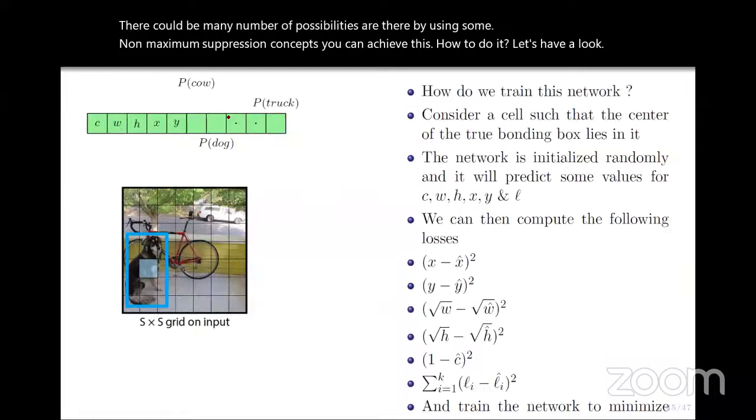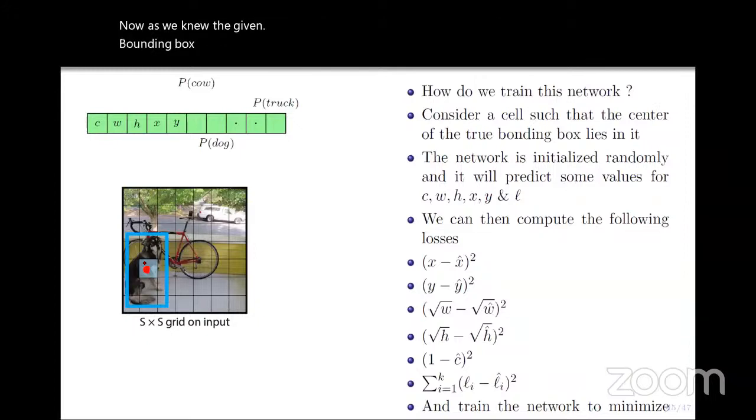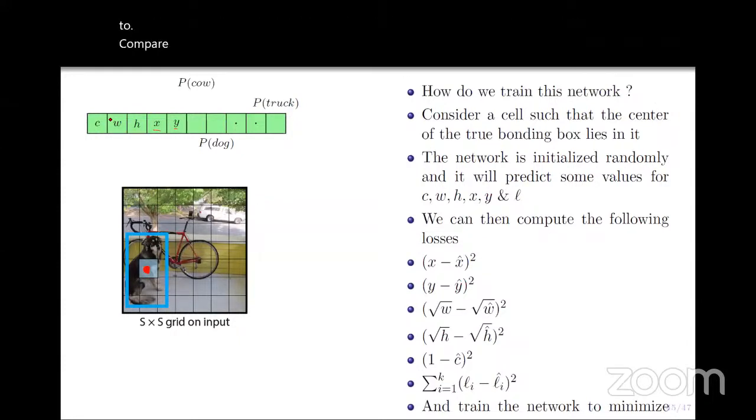Now, as we know, the given bounding box has some values, that is X, Y, W, H, and C confidence. Anyway, we have the confidence. Now we need to train, right? Because this is a regression type problem, we also need to compare with our ground truths. How can we compare? X minus X predicted is a mean square error type.